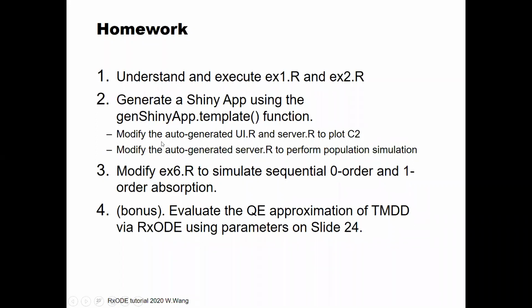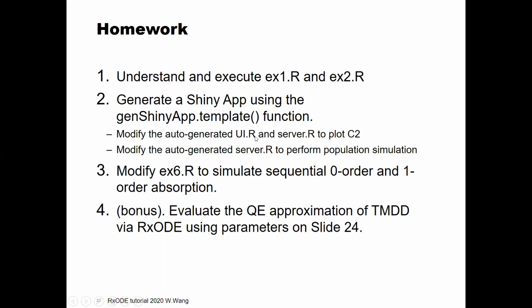For the second exercise, what I want you to do is to use this Gen Shiny app template to produce a skeleton Shiny app. Afterwards, I would like you to do some modifications.